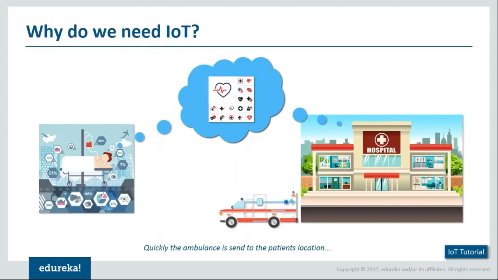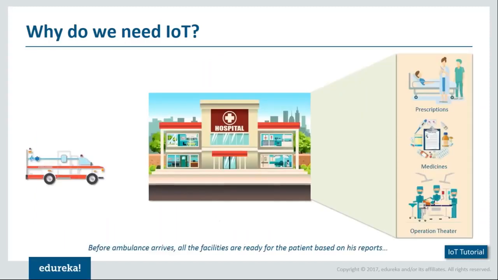Meanwhile, once the patient has been picked up and brought back, there could be prescriptions, there could be medicine, and there could also be an operating theater made ready in case of an emergency. There'd be doctors on standby who have the complete history of the patient and the complete details of the present condition of the patient. So this in turn brings in a lot of transparency and reduces a lot of effort and time involved.